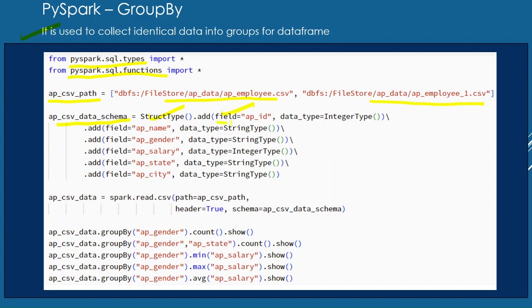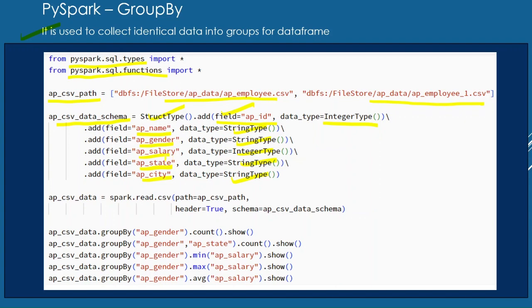With the help of a struct field, I am defining the column name and its data type. So this is the column name, this is the data type, and so on for each column.